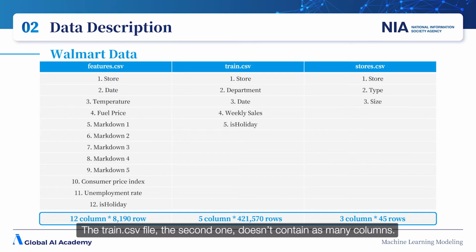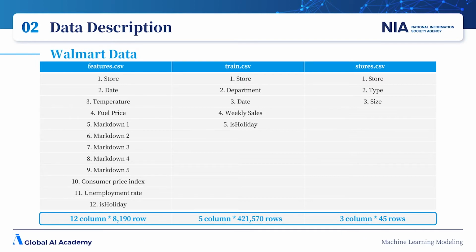The train.csv file, the second one, doesn't contain as many columns. It has 5. The first column shows which store it was. The second shows which department of the store it was. There are dates in the third, with 1-week intervals.